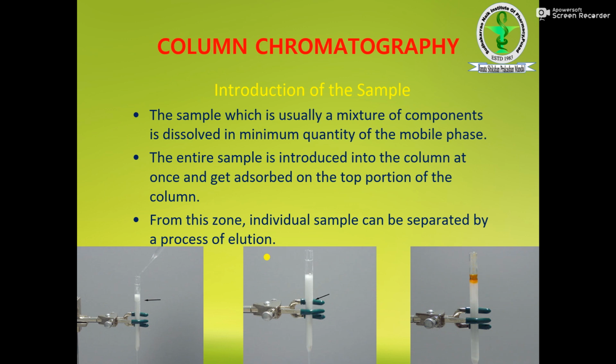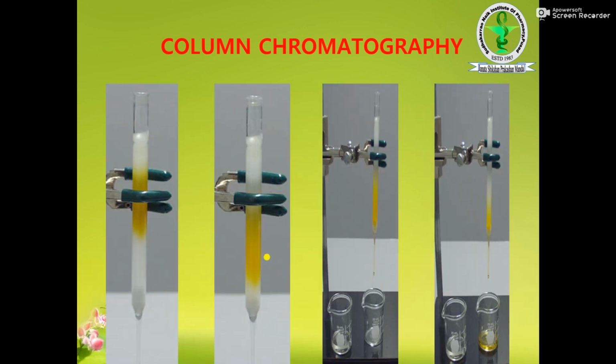The entire sample is introduced into the column at once and gets adsorbed on the top portion of the column. First it should be adsorbed on the top surface. From this zone, individual components can be separated by a process of elution, and by this process we can identify each sample individually.